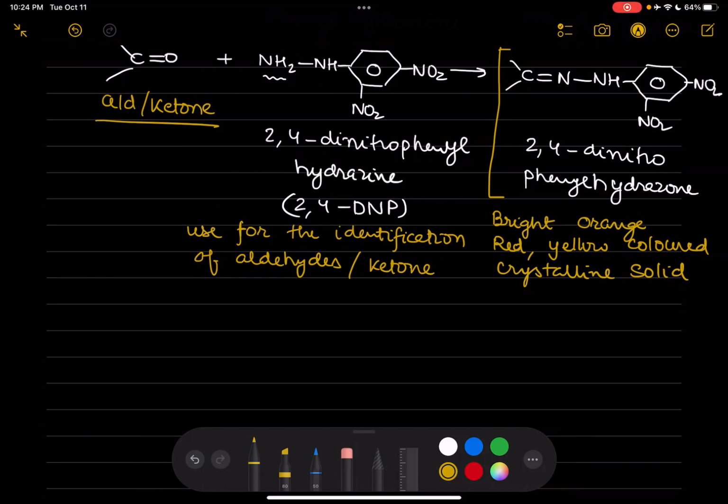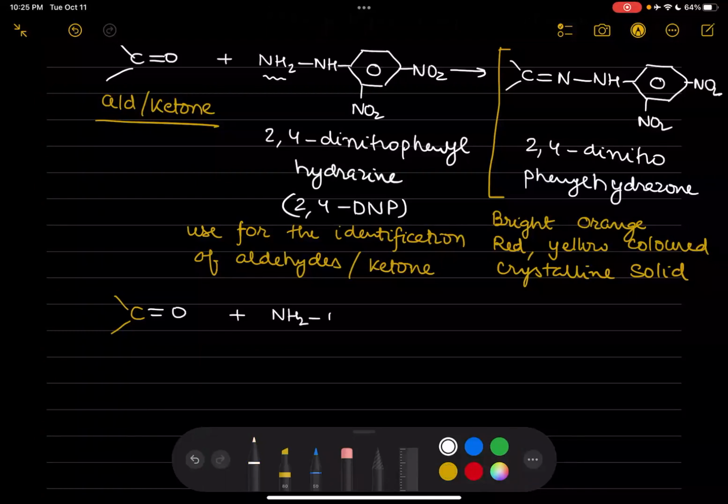And the last one looks like urea. Urea is NH2CONH2. But it has an NH2 put on urea.